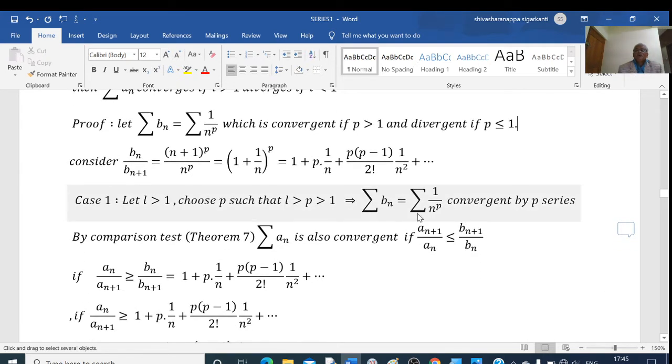So here we have sigma b_n equal to 1 by n to the power of p is convergent.